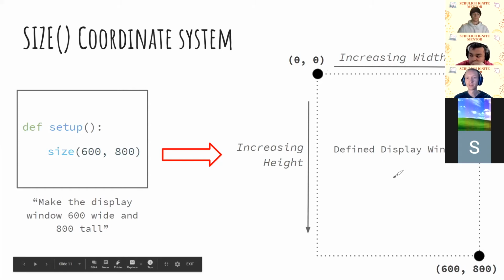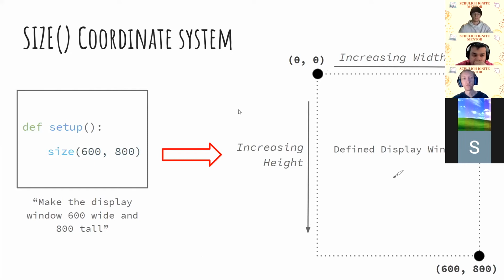You can see that at the bottom right-hand corner, in this case, 600 was the width and 800 was the height, so we have 600, 800 at the bottom. This is going to be important for how to define where you want to draw something. How do you want to position what you're drawing on that window?